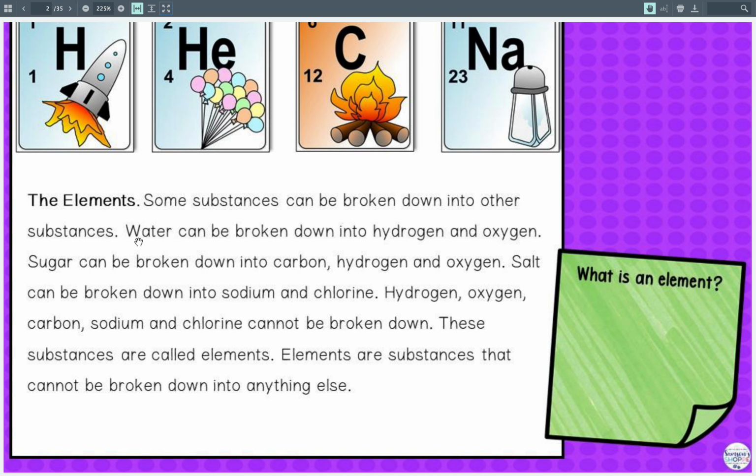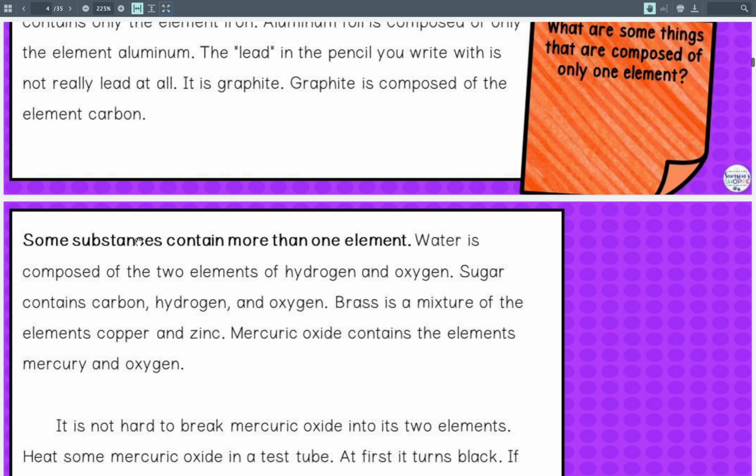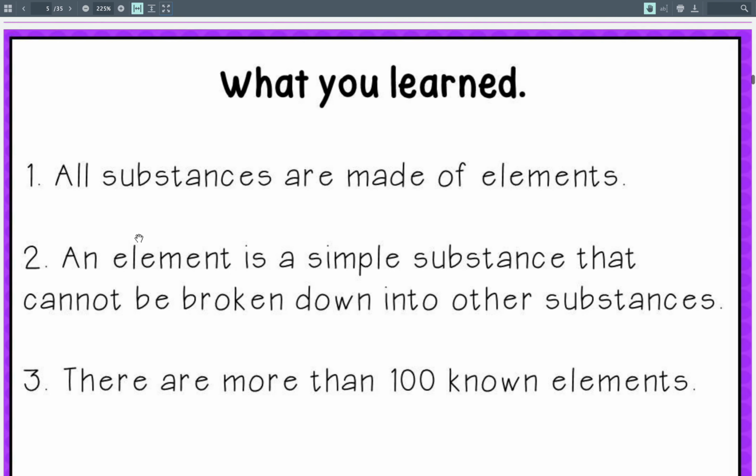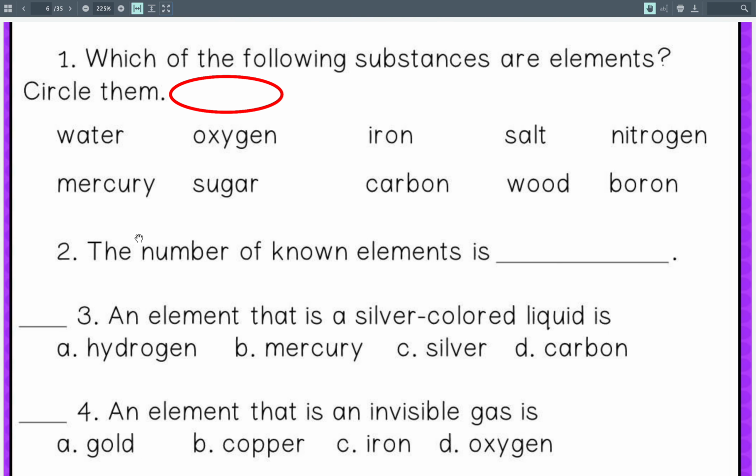So if an element is something that cannot be broken down, then water cannot be an element because it is broken down into hydrogen and oxygen. So you would not circle that word. You wouldn't circle water. But I know that hydrogen and oxygen together make water, and once I get to oxygen, I can't break oxygen down into anything else. And so you would circle oxygen.